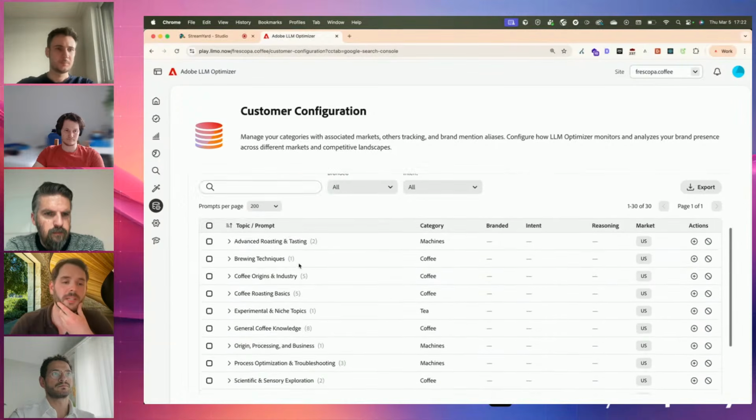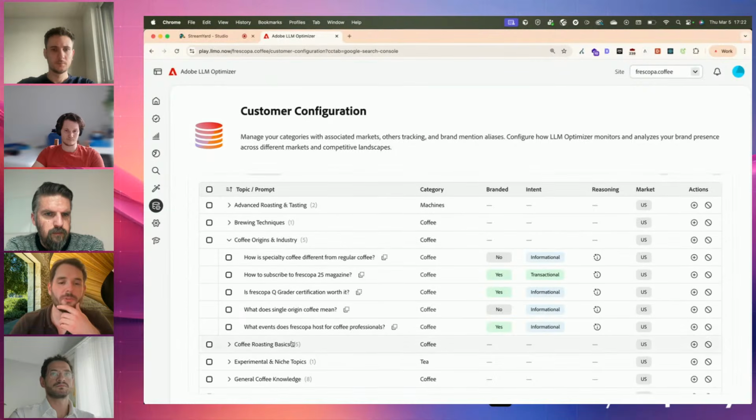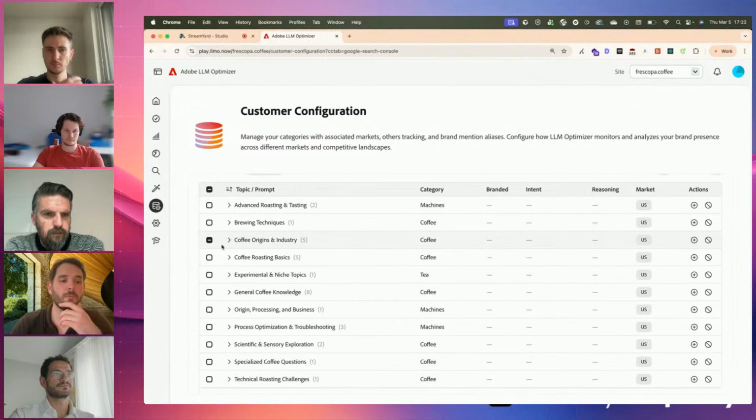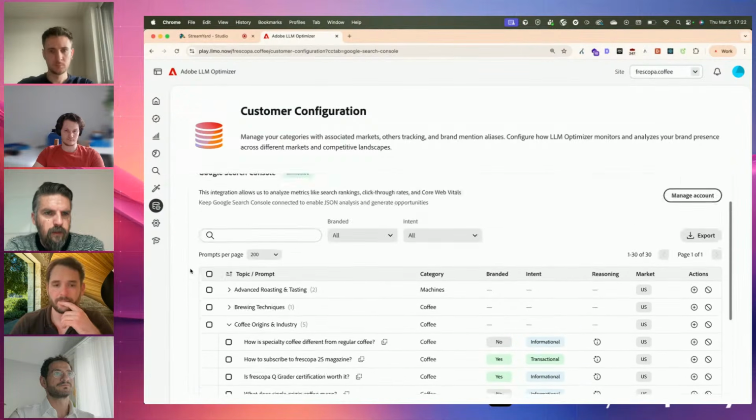From that, our own systems will create and suggest new prompts. You can select a prompt you like, hit plus, and that prompt will start to be tracked over time. So that's a few different ways to get prompts and get started. Got it.